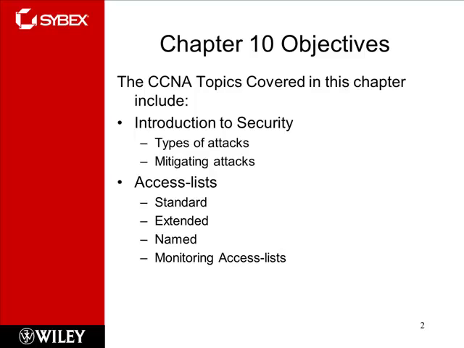Again, named is just a way to do the same thing, except you use a name instead of a number. A little bit easier to keep track of. And then monitoring access lists: the monitoring command is show access-lists. It'll tell you what your access lists are and any activity, anything that access list has done for you, like denying access to something.